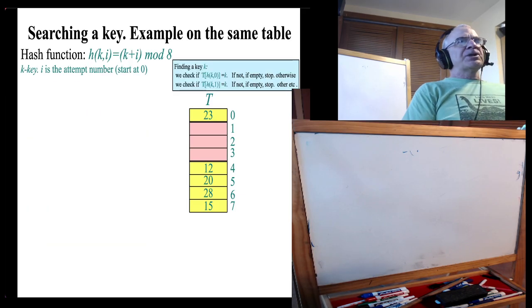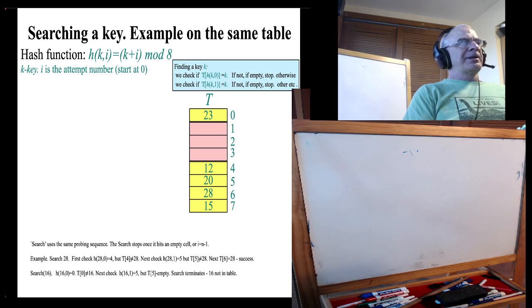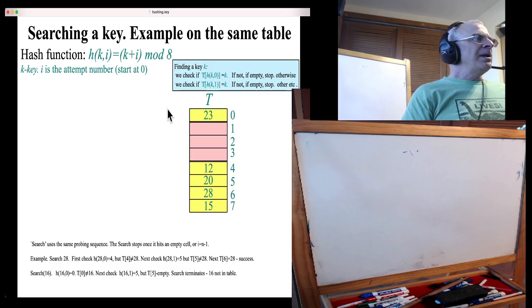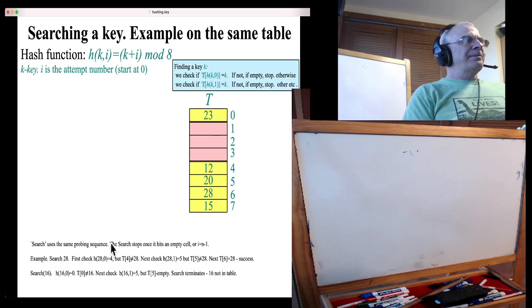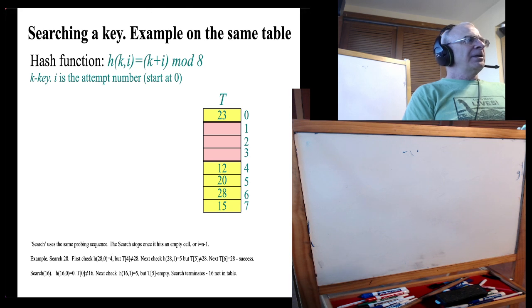Searching a key. I know what the key that I'm searching for is, so I know where I would try to put this key. Try to remember what would be the last place that you'd put it, and so on. So, to search, I'm just repeating the probing sequence.